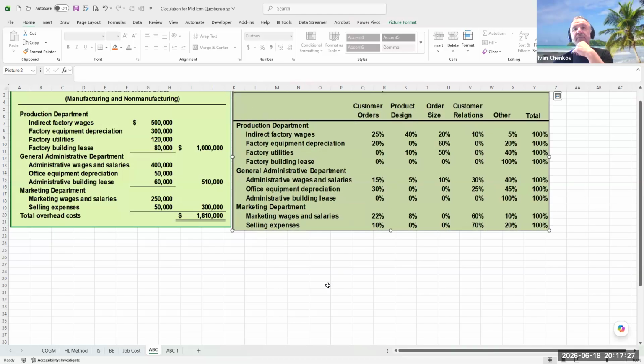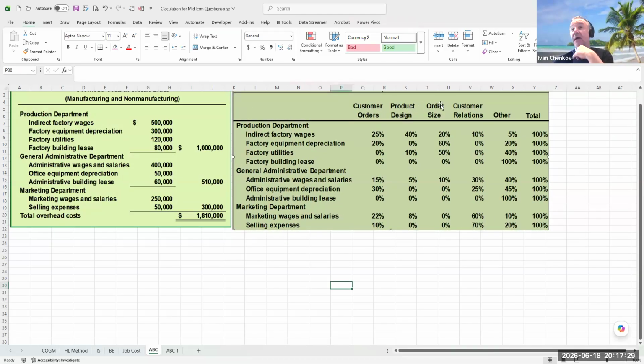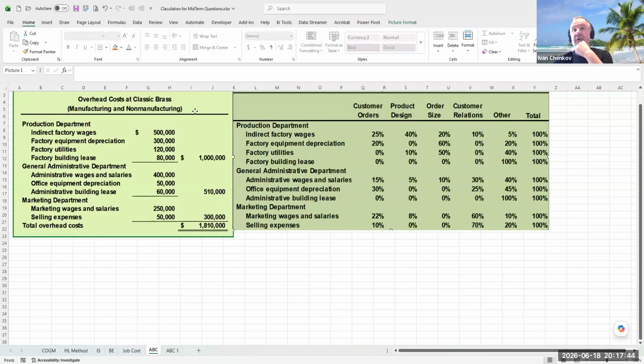So what do I know here? I know what my activities are, and which activity uses what percentage of a specific cost element. I also know the total cost, and that the total percentage of that cost across the activities has to give me 100%. So if I combine this plus this plus this plus this plus this, everything has to give me $500,000.